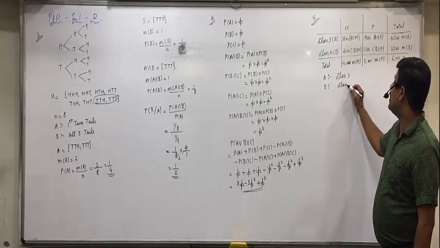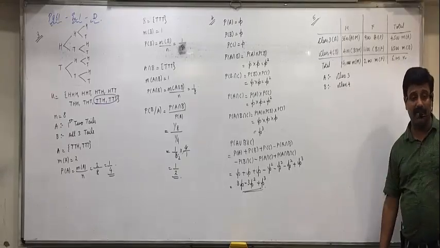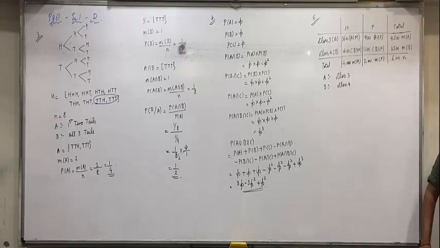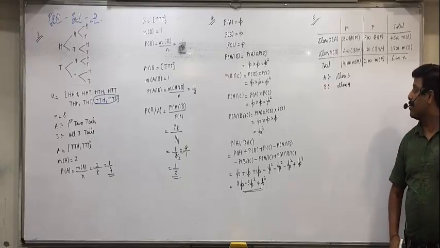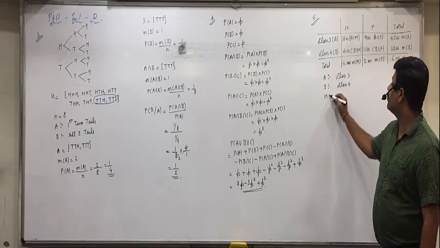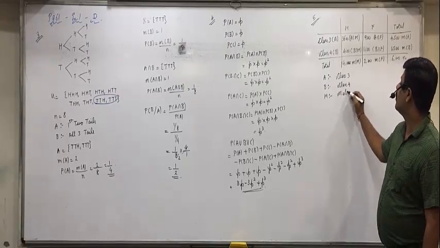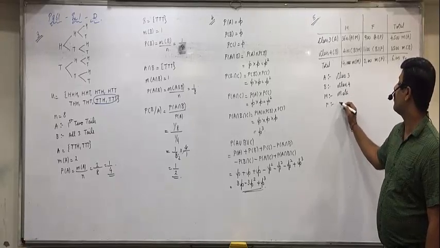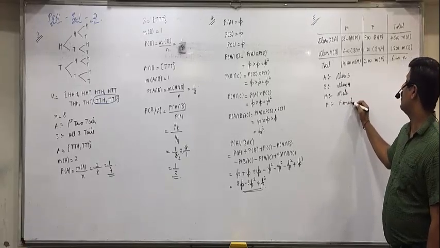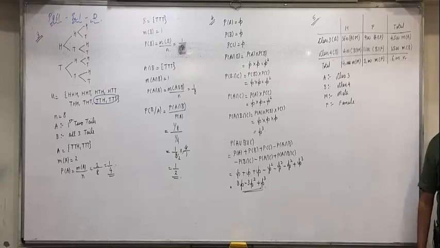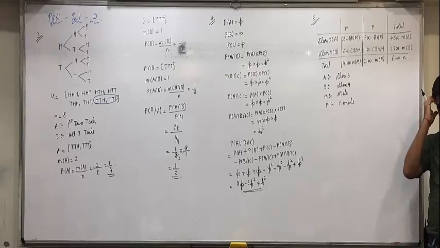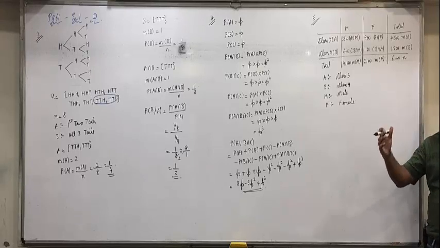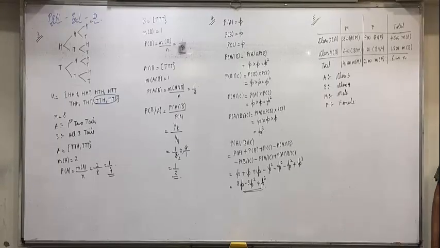Let event B be the event that employee belongs to class 4. Let event M be the event that employee is male. And let event F be the event that employee is female.